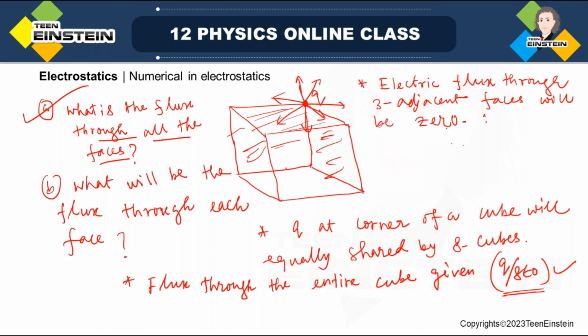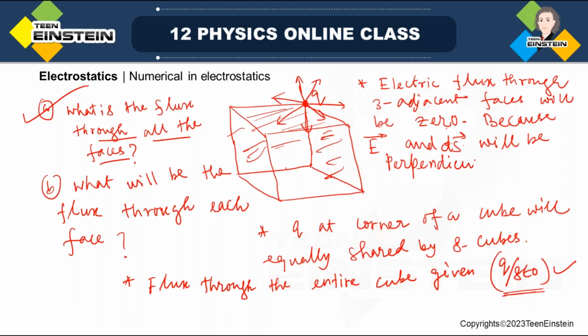Why? Because for those faces, E and dS vectors will be perpendicular to each other.